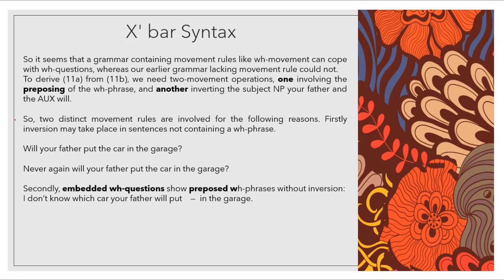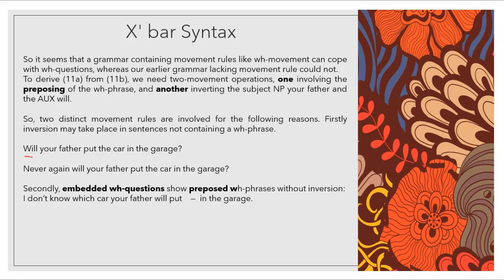We were here. So two distinct movement rules are involved for the following reasons. First, inversion may take place in sentences not containing a WH phrase, meaning without a WH phrase, like will your father put the car in the garage.